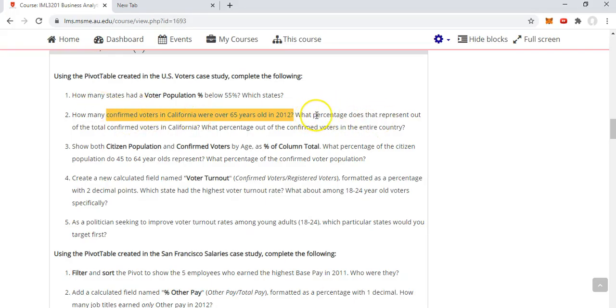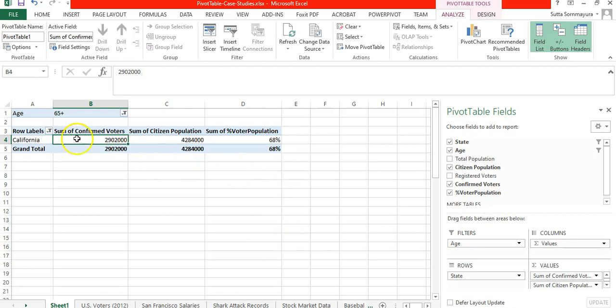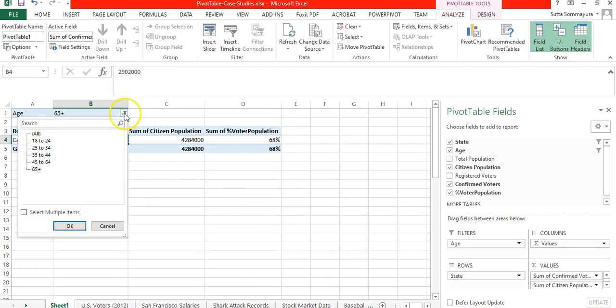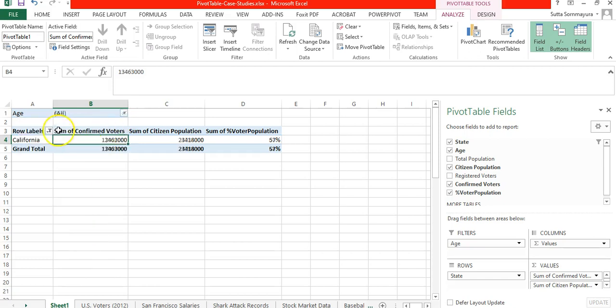And the next one, what percentage does that represent of the total confirmed water in California? So now they ask that, okay, you use California, right? And if you want to see that this represents all the ages, you can take the age out, and then you put the age in here.